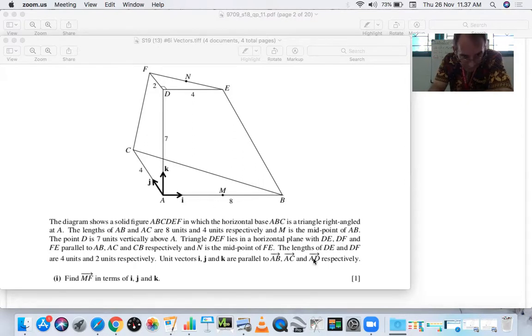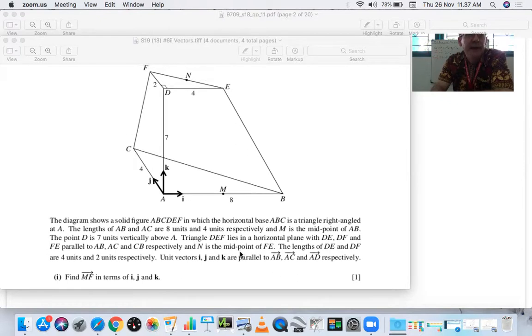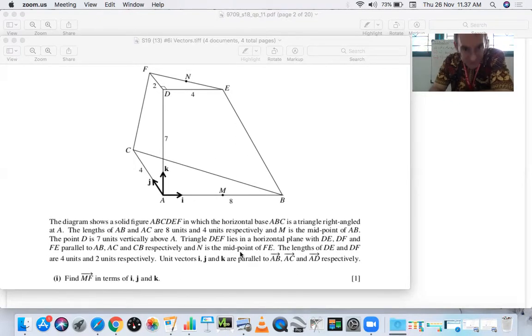And then the lengths of DE and DF are 4 and 2 respectively. Unit vectors I, J, and K are parallel to AB, AC, and AD respectively, meaning these I, J, and K are right on these lines. Now, find MF in terms of I, J, and K. So we're starting here at M, and we're going to F, which is this far corner back here. Okay, so M to F.